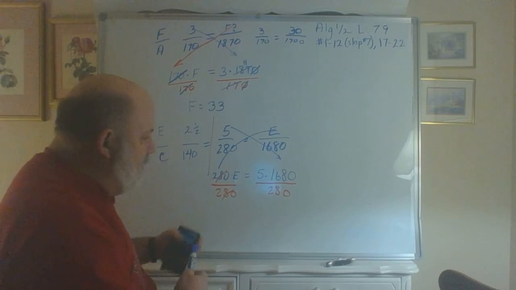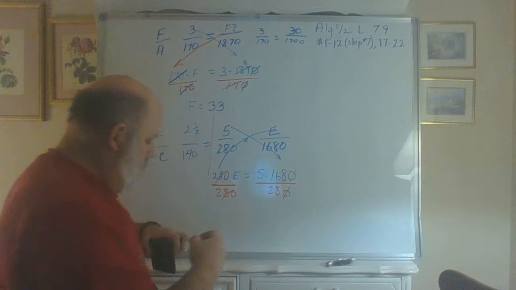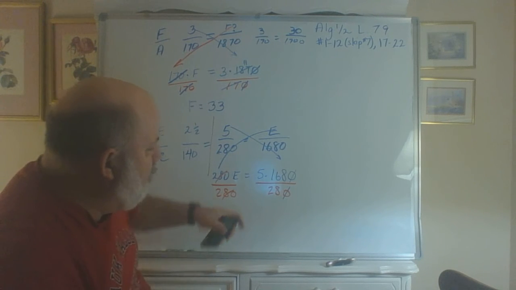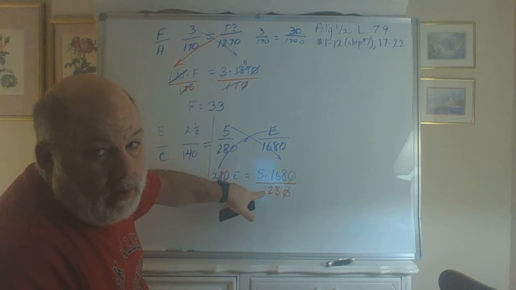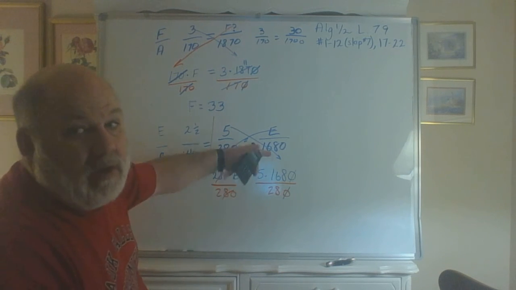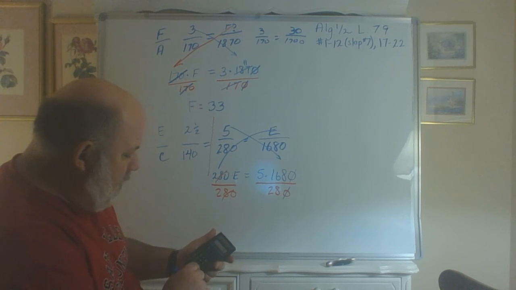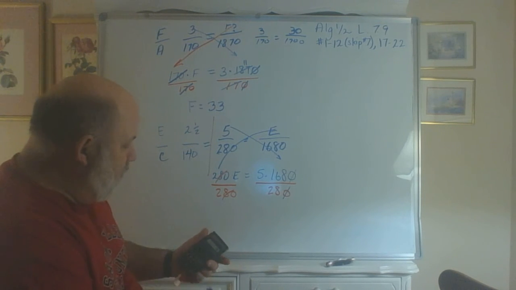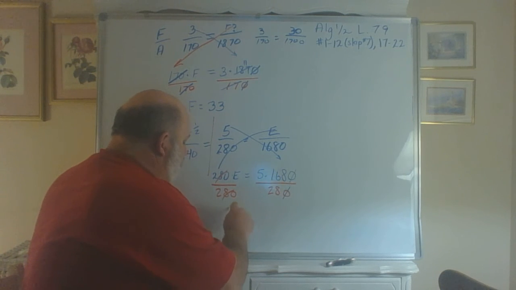I'm going to cross out these zeros first. If I wanted to, I could reduce. I could say 168 and 28 are both divisible by 2. They might be divisible by 2 again, and 2 again, and 2 again. But let's go ahead and just use a calculator. 5 times 168 divided by 28 equals, and this tells me I need 30 eggs.